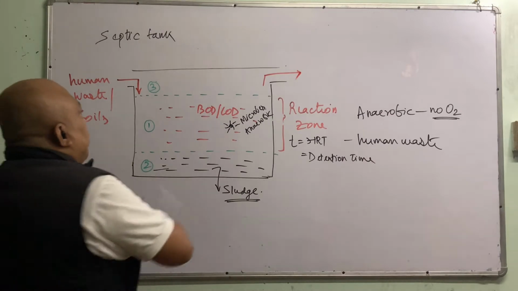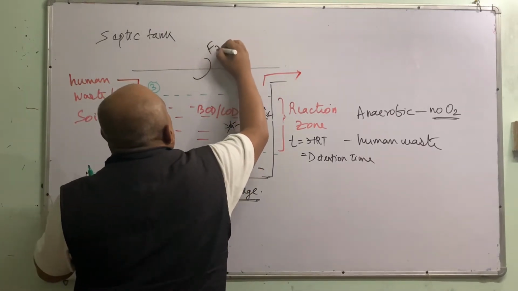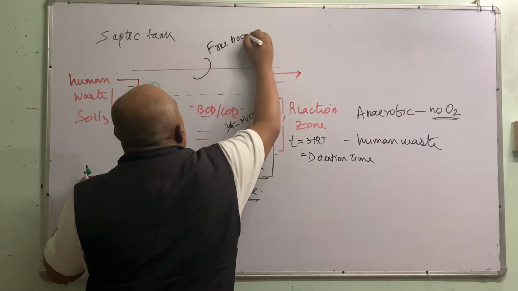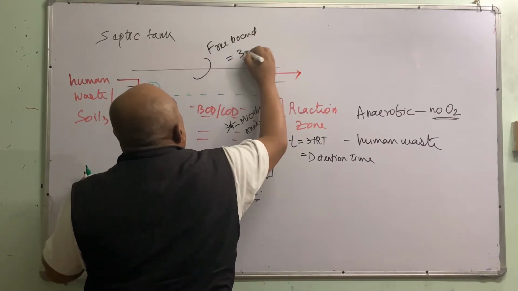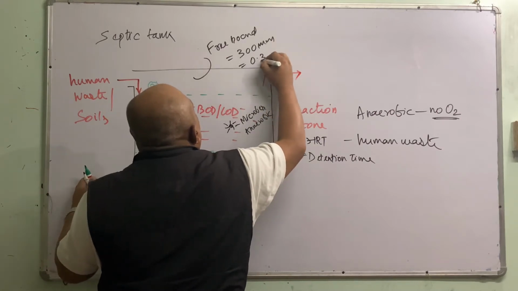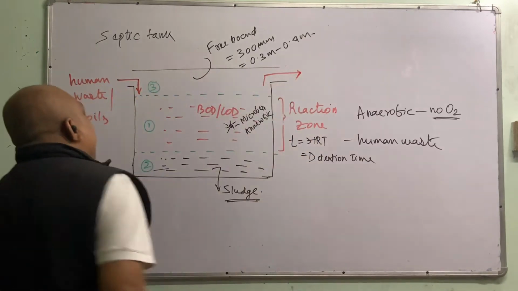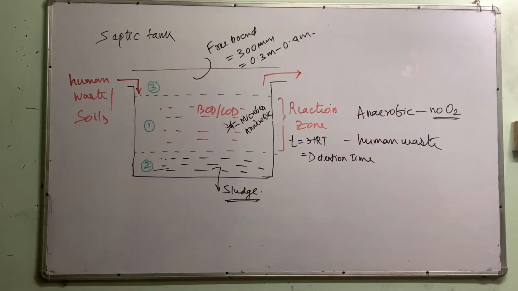And this part we call the freeboard. We keep it around 300 mm, or you can say 0.3 meter to 0.4 meter, for air, for easy flow.